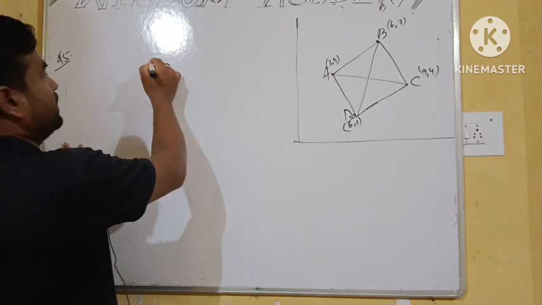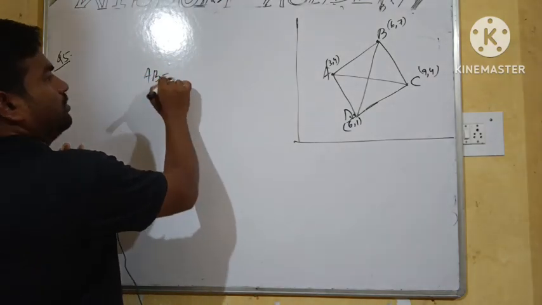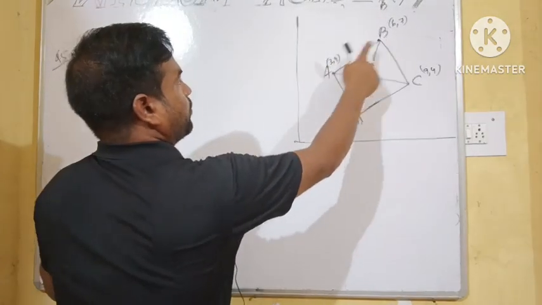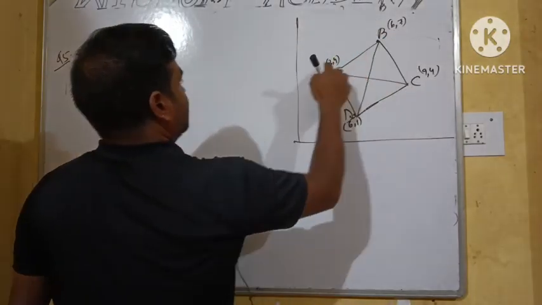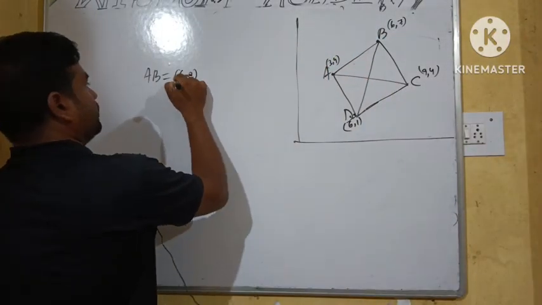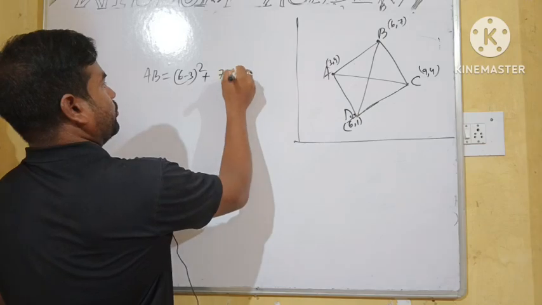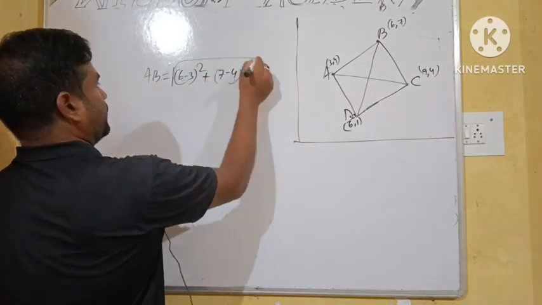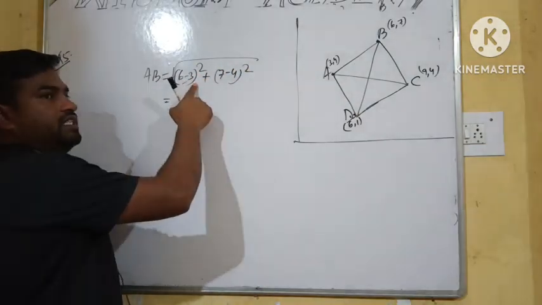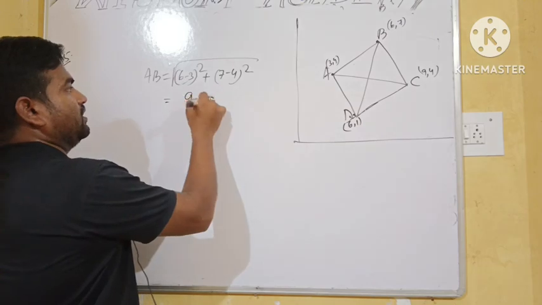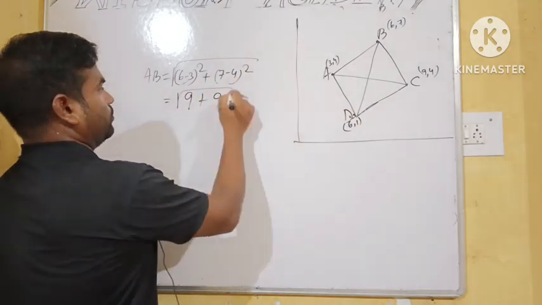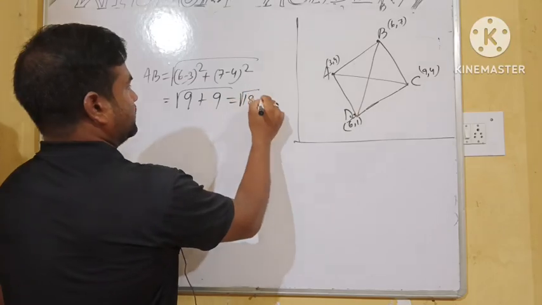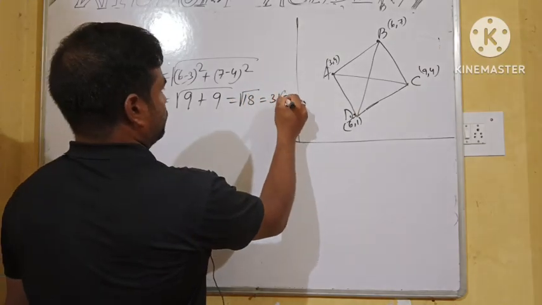Let us start with AB. The coordinates of A are 3, 4, B is 6, 7. By using the distance formula, square root of (6 minus 3) whole square plus (7 minus 4) whole square. 6 minus 3 is 3, the square is 9. 7 minus 4 is 3, the square is 9. So square root of 18 is 3 root 2.